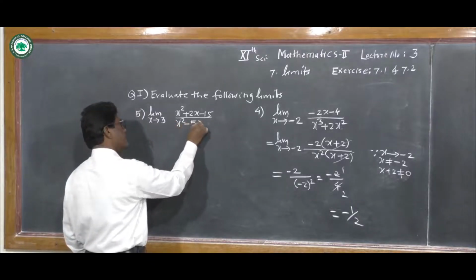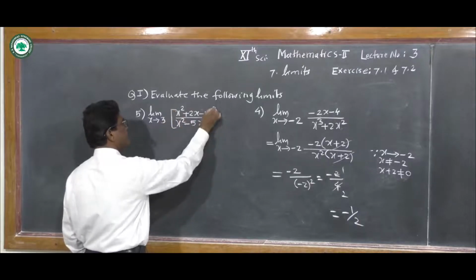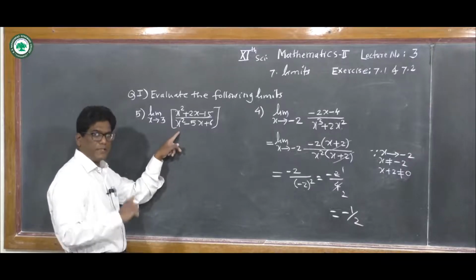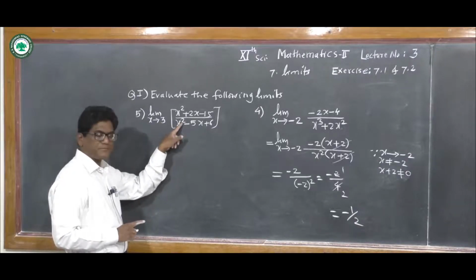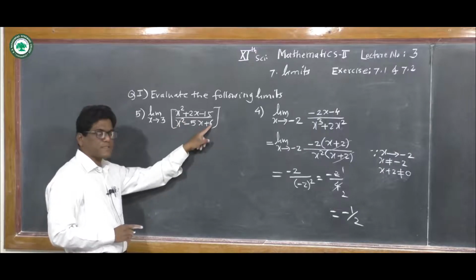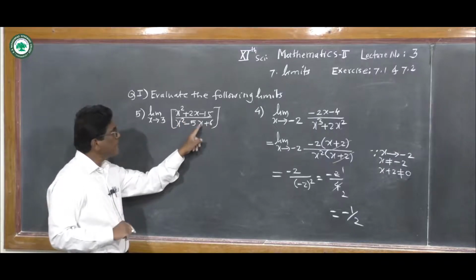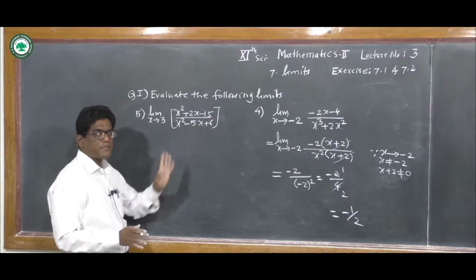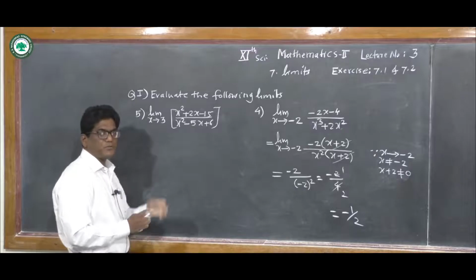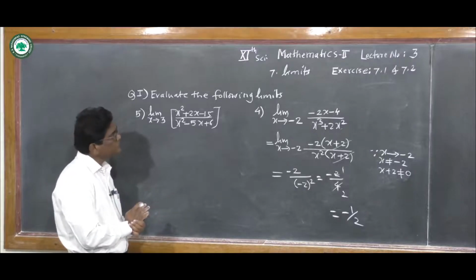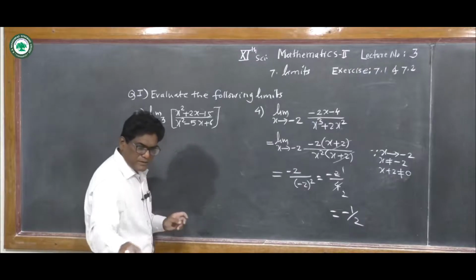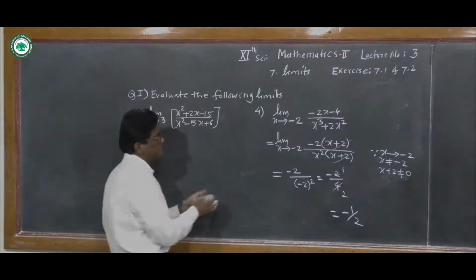When we put x as 3 in the denominator, is it 0? 3 square is 9, plus 6 is 15. Middle term, minus 5 into 3 is minus 15. 15 minus 15 is 0, so the denominator is 0. So we have to solve this using the factorization method. We factor the numerator and also the denominator. Here in the denominator we have to factor this plus 6.